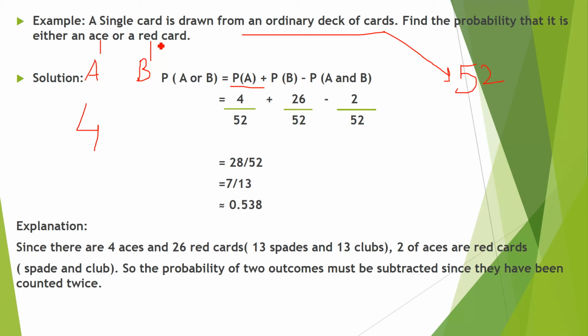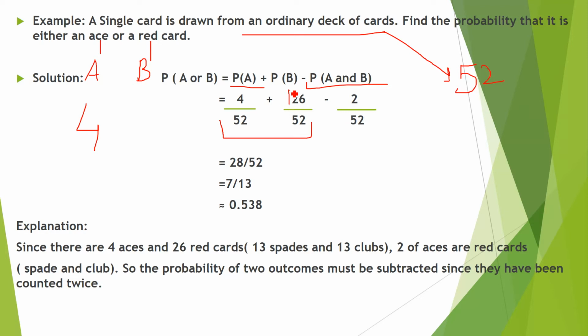Now come to the second part, red. There are 26 red cards out of 52 in a deck, 13 hearts and 13 diamonds. So total 26. So you have to add these two. Now come to the third point, subtract the duplicated value. So I said minus 2 over 52. See, this is the tricky part here.